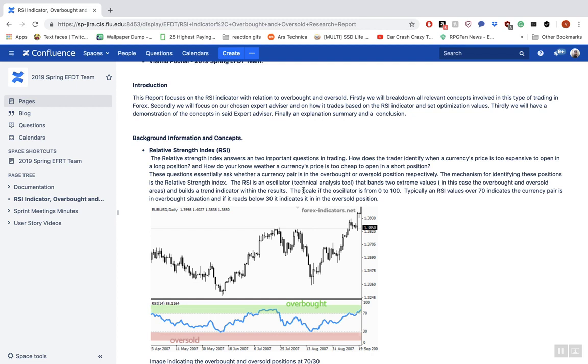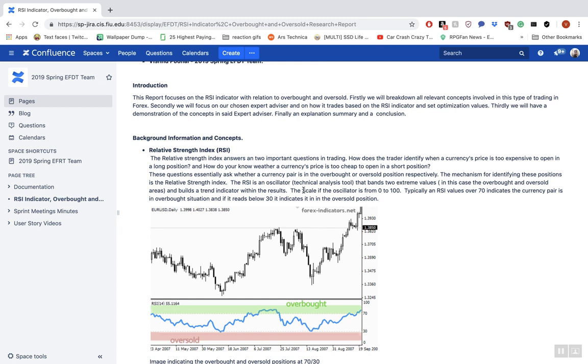And what the RSI indicator does is to help identify where these positions are at given times or periods to help influence a trade. Now, it's not 100% perfect or 100% always correct. That will depend on the expert advisor or the trader. However, this is a very important tool.